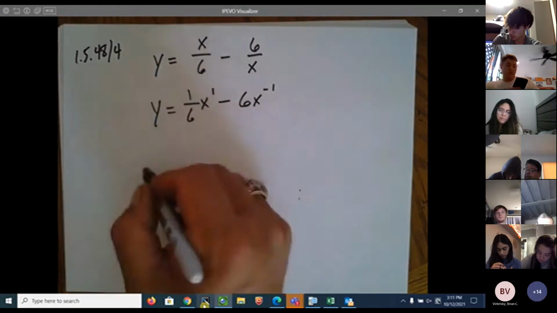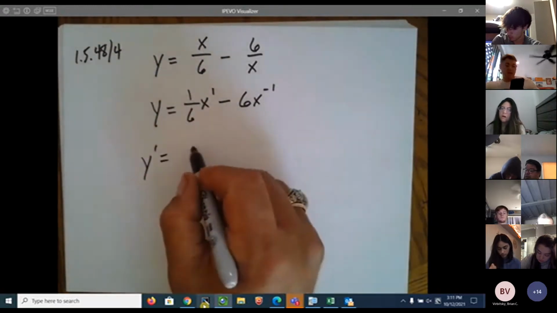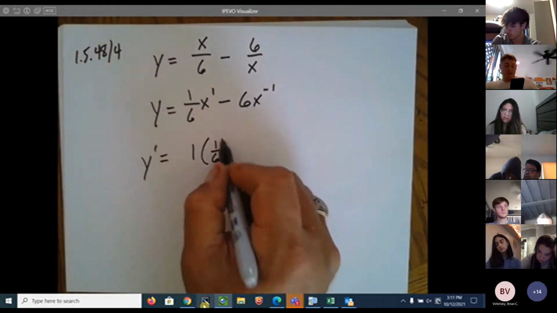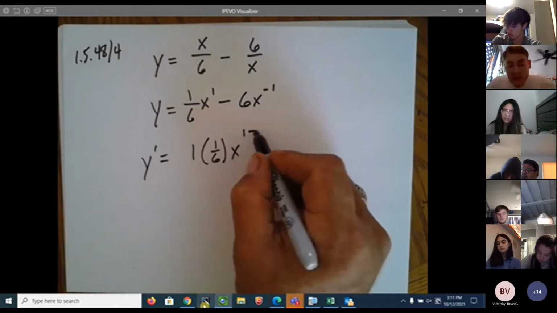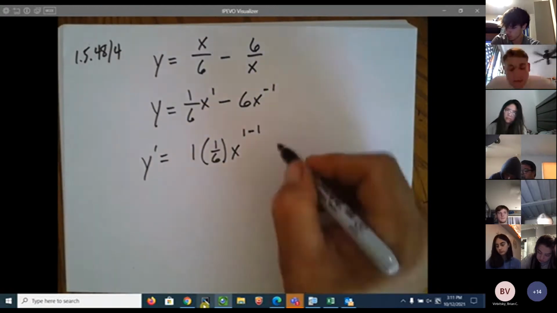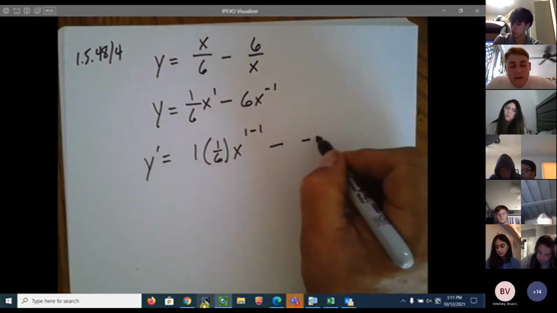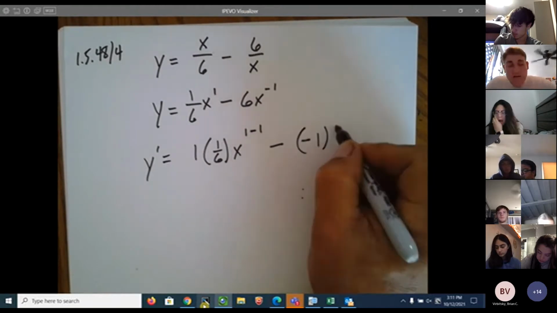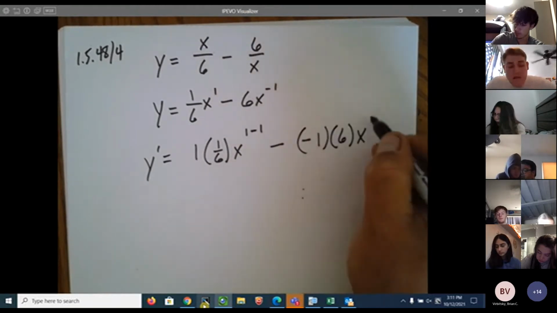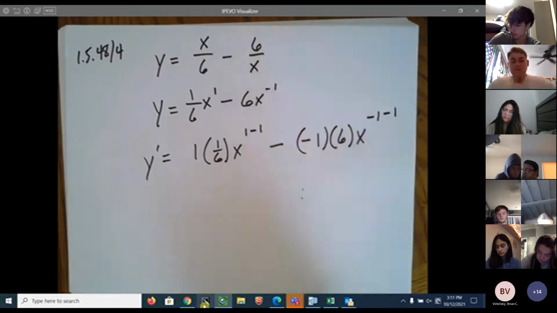And take the derivative. Y prime is equal to 1 times 1/6 x to the 1 minus 1 minus negative 1 times 6 x to the negative 1 minus 1.